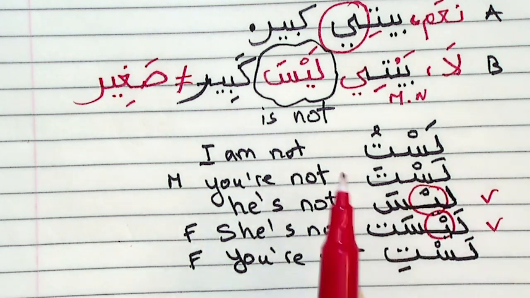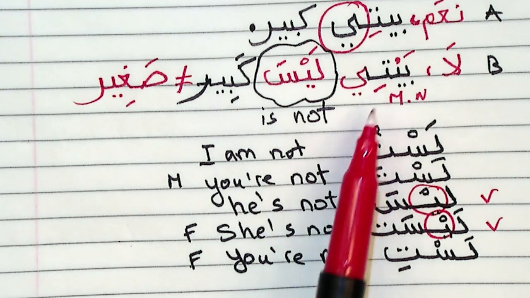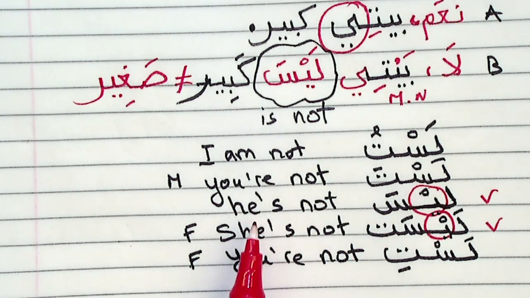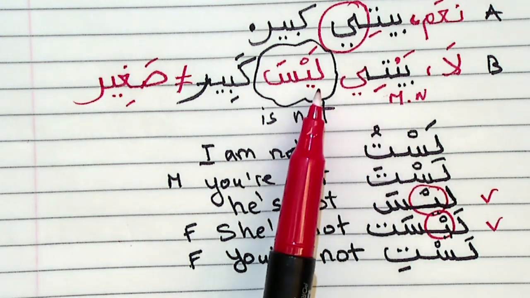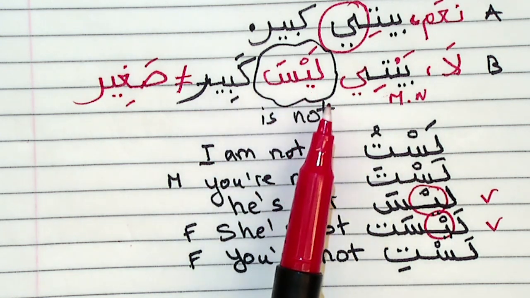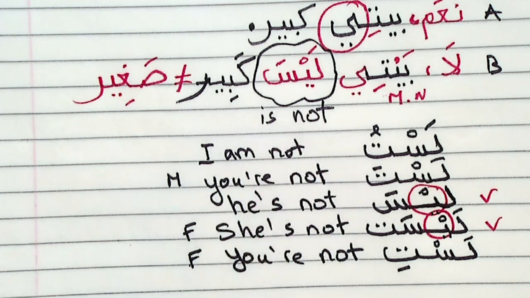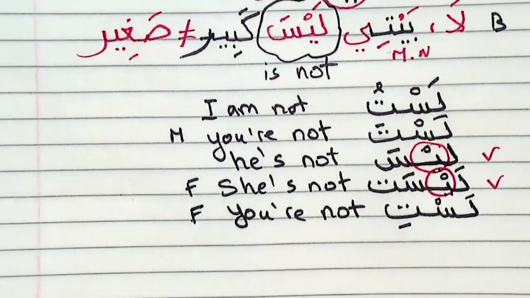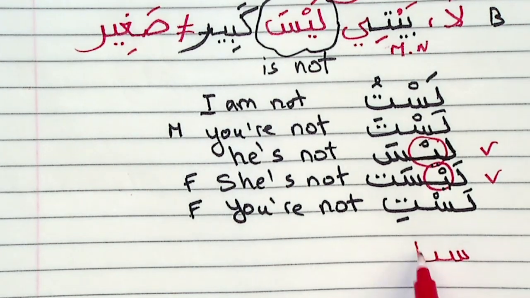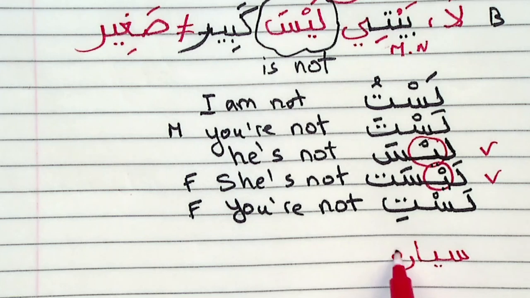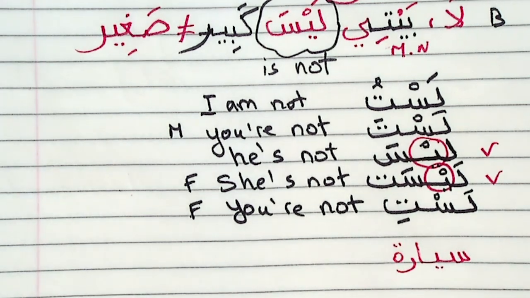We picked laysa for bait because bait is masculine and it's like a he, but it's an "it" masculine. Baiti laysa kabir. If I'm going to say sayyara, which is car, a sayyara is it, but it's a feminine it, so we will refer to it as she.